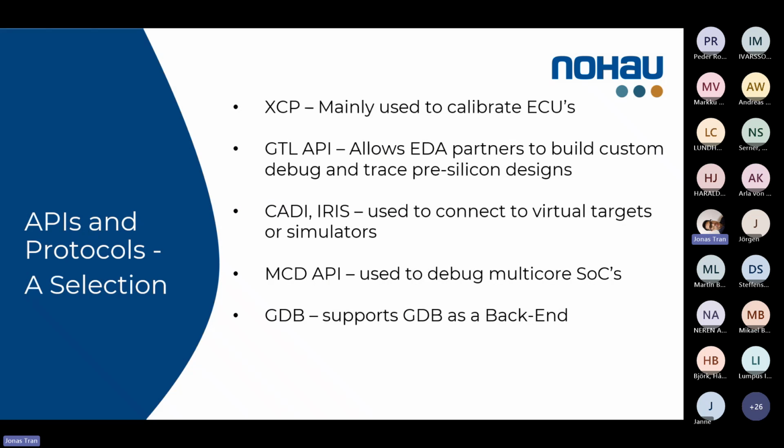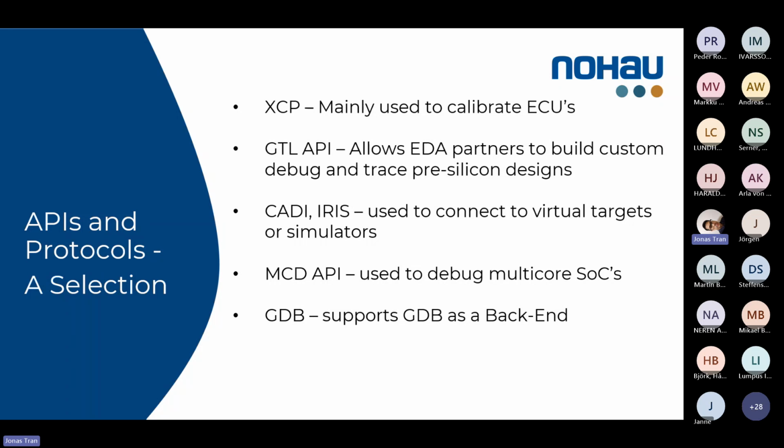So here is a short list of APIs and protocols that I thought might be of interest to some of you. We have the XCP protocol, which is mainly used to calibrate ECUs. For those of you that do pre-silicon designs, the GTL API might be of interest.